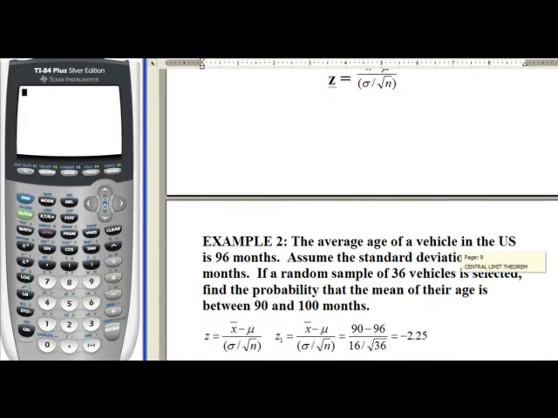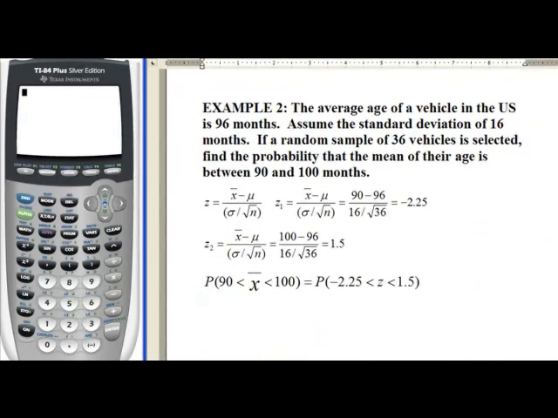So let me show you an example. If a problem gives you a situation where you're picking a random sample of some number of items, you will be using this formula instead of x minus mu over sigma.